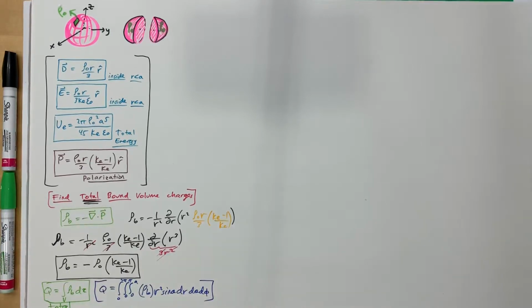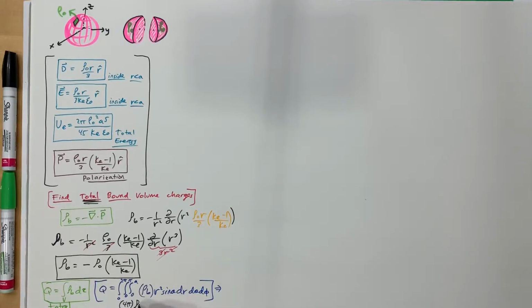Okay, so solving this integral. For lack of room, I'm going to skip some of the integral, but it's just going to be a little piece of it. So this right here, none of this we're going to integrate over. So we're going to take that out of the integral, right? And we're going to get 4 pi for the solid angle.